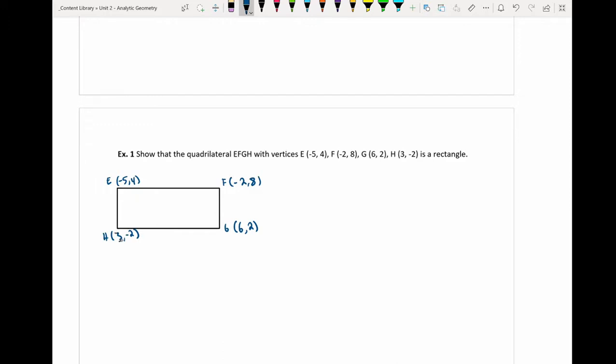And so basically we have the high ones up top and the low ones on the bottom. We've already labeled them. So now the first thing we want to do to prove that it's a rectangle is find the length of each side.